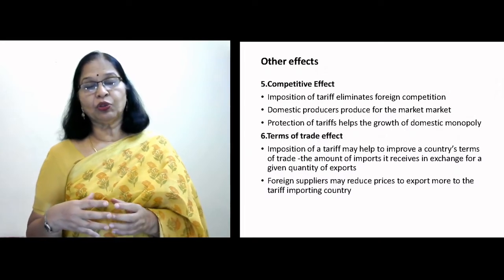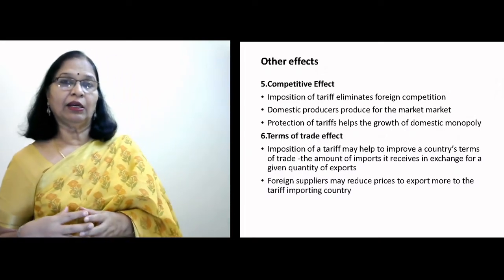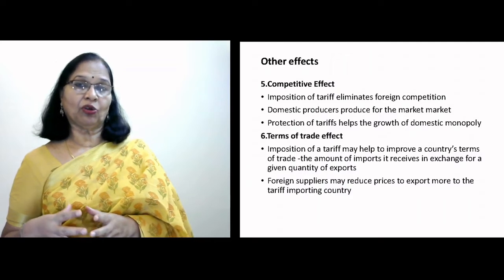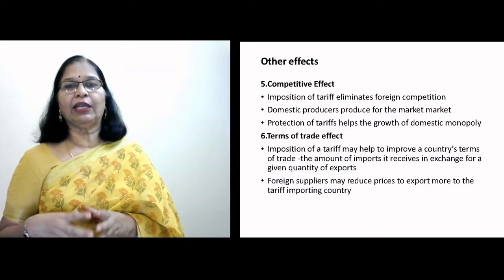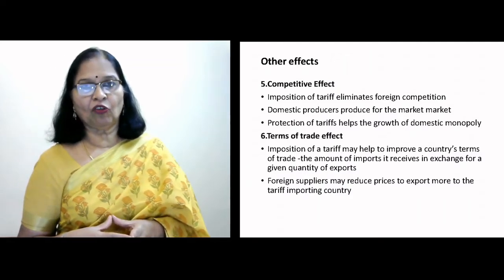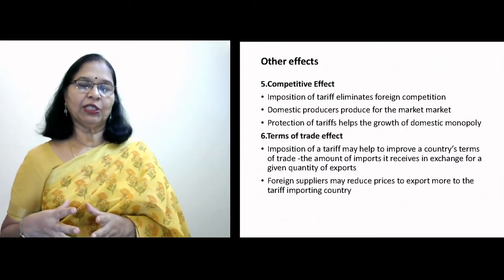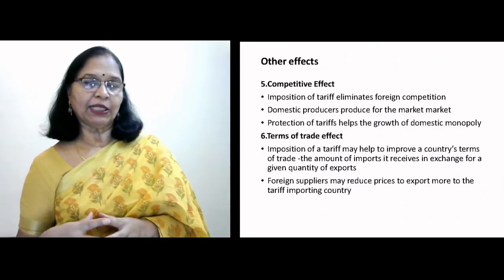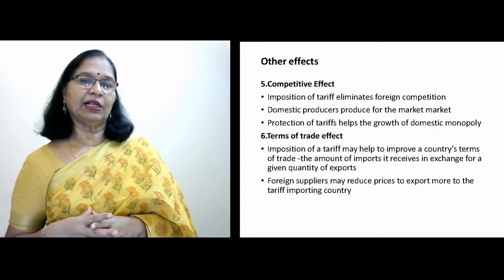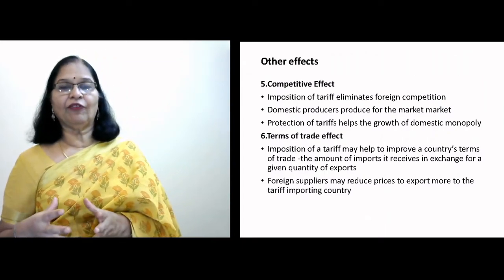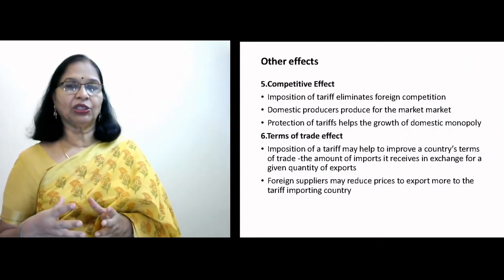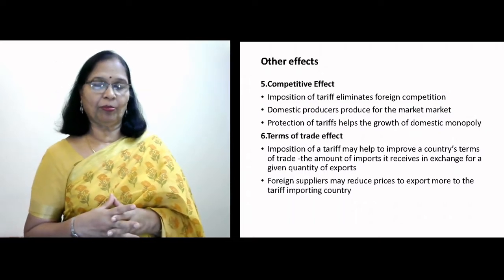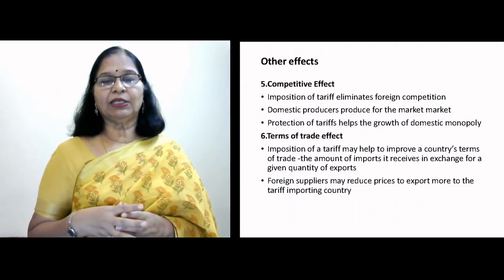The argument is also that it can strengthen the monopolies that already exist in the economy, or even create the emergence of monopoly. So once competition and the free market mechanism are prevented, this results in inefficient production and also eliminates foreign competition.